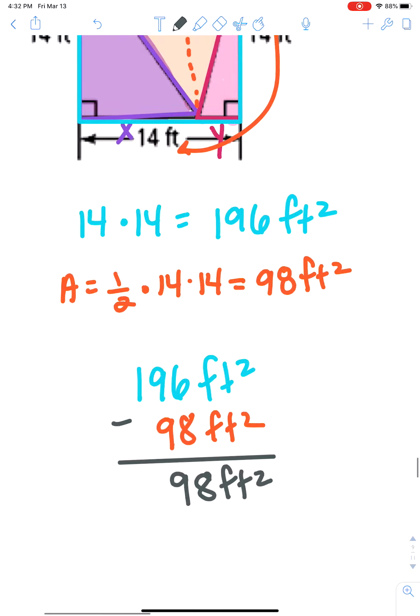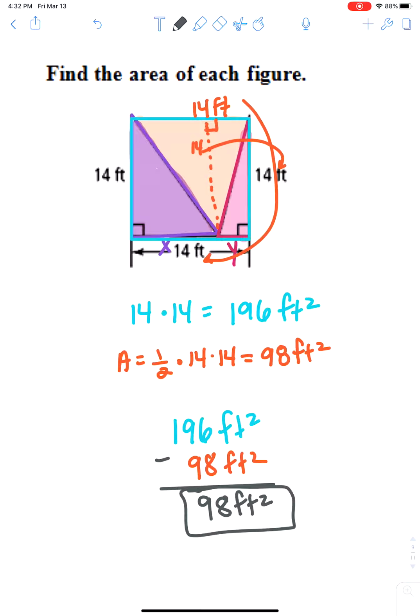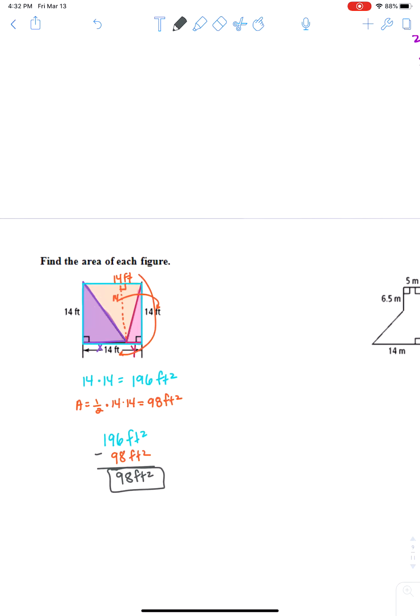So the purple and the maroon, or the pink, together are 98 feet squared. Now, are they each 49 each? Probably not. It looks like the purple one's the bigger, but we can't really say exactly. So there you have it on that one.